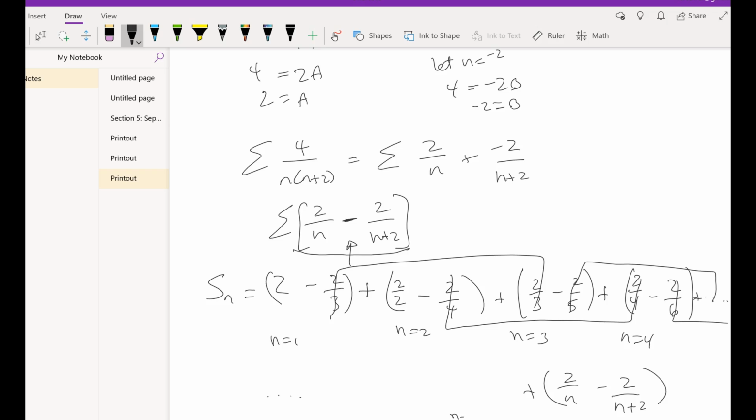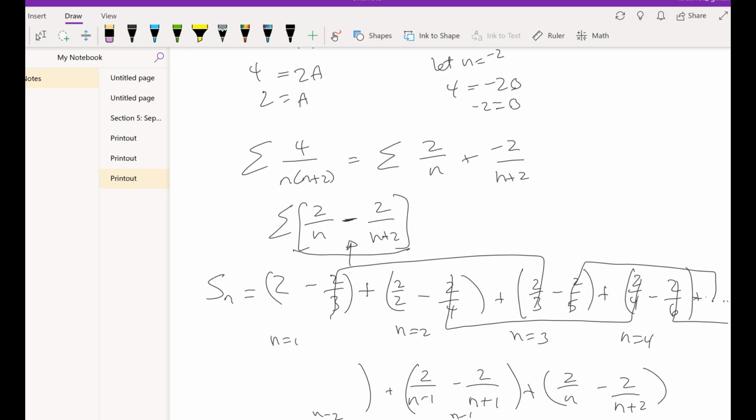Let's write down what the n minus 1 term will be, plugging in n minus 1 into the nth term. Let's go one less, n minus 2.